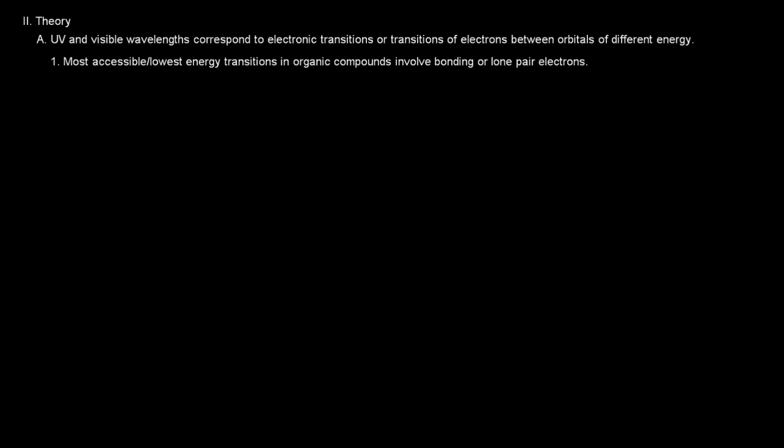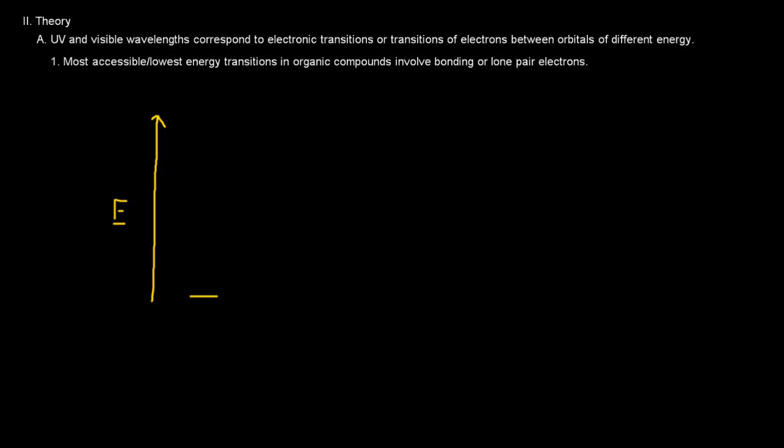So we can draw an energy level diagram for the most likely electronic transitions in a typical organic molecule, and it would look something like this. We have increasing energy and the different possible energy levels for the highest energy bonding and non-bonding electrons.